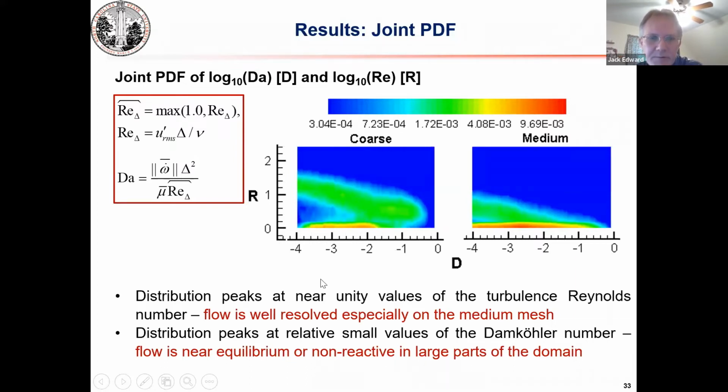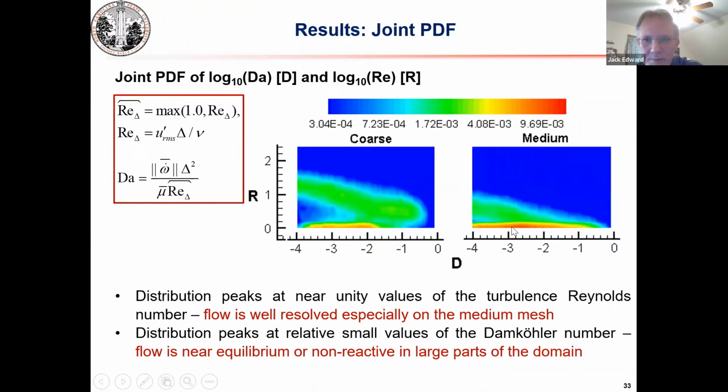And from that, you can tell some things about resolution. You can tell some things, for example, that this resolution is pretty good, certainly on the medium mesh. You see a peak in the distribution near low Reynolds number values, which is kind of telling us that we're still pretty well resolved, even on the medium mesh. When you go to the coarser mesh, you start to see more of a broadening of that effect.